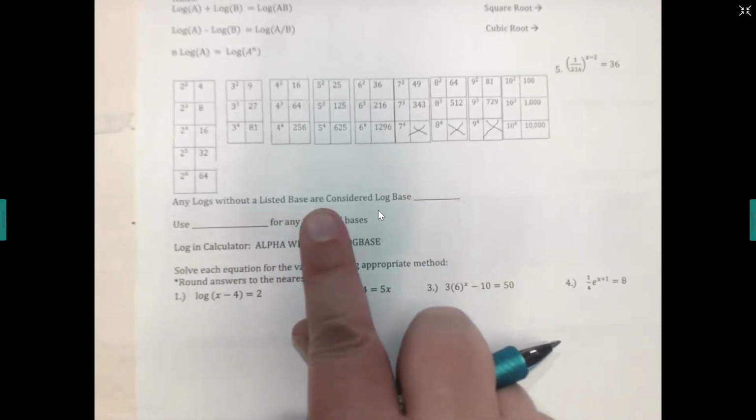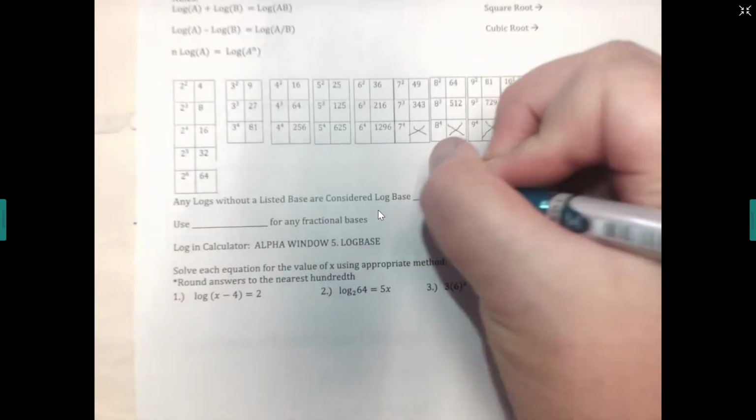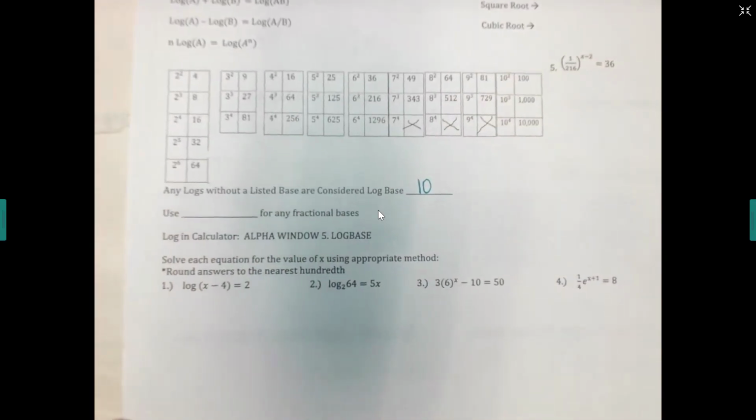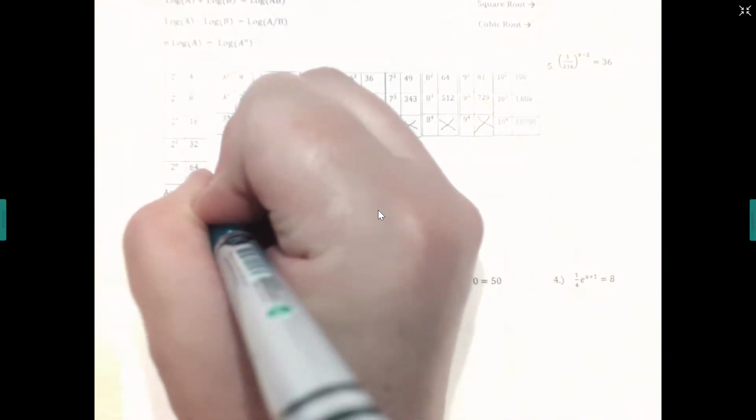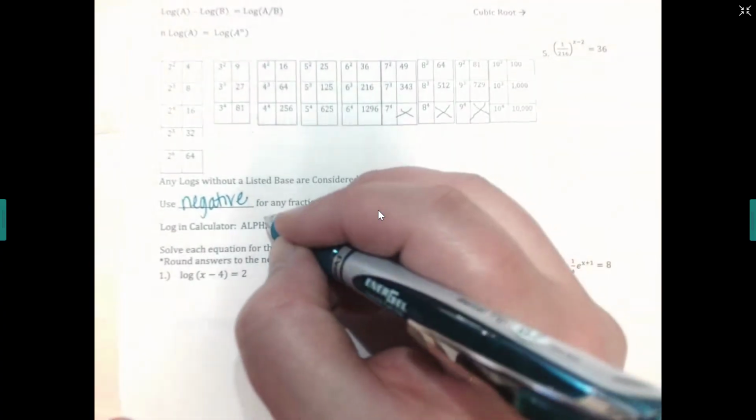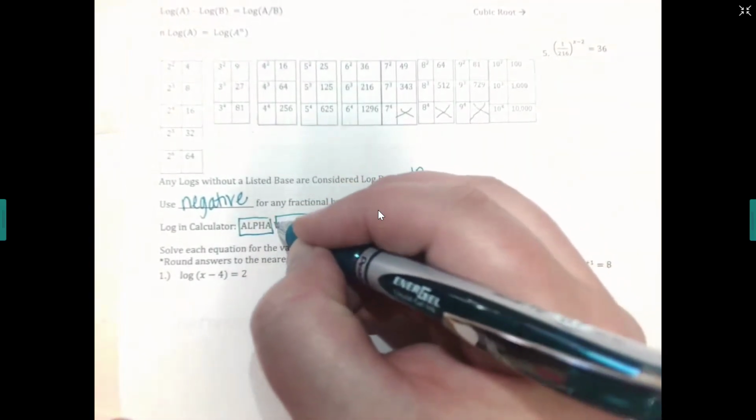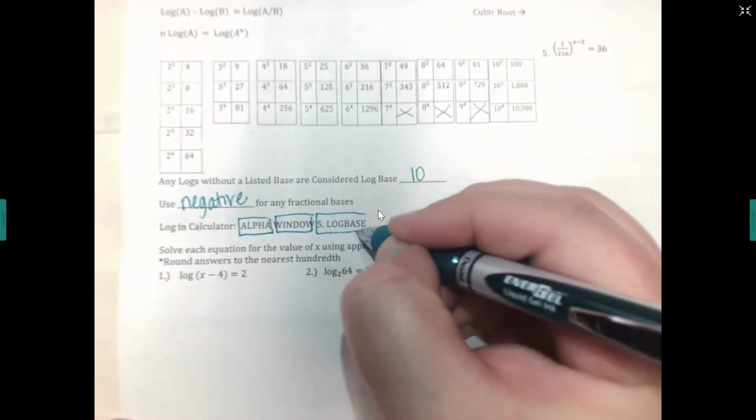Any logs without a base are considered log base 10. Remember that you're going to use negatives for any fractional bases. And in case you forgot the buttons on the calculator for the log, it's alpha, window, and then 5 is log base. It'll give you the log with both the small box and the big box for you to type it into.